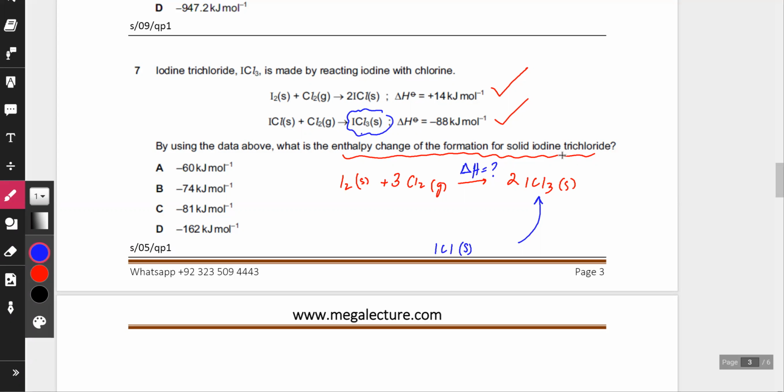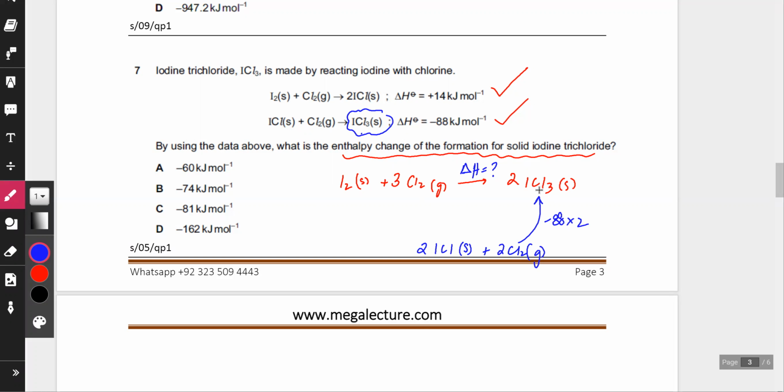I'm going to double it, and 2Cl2 gas, right? So this is what's happening, and the value for that is going to be minus 88 times 2, right? It's going to be double because I'm making 2 ICl3.